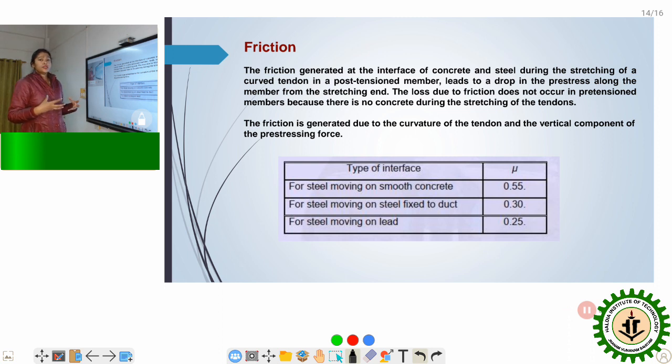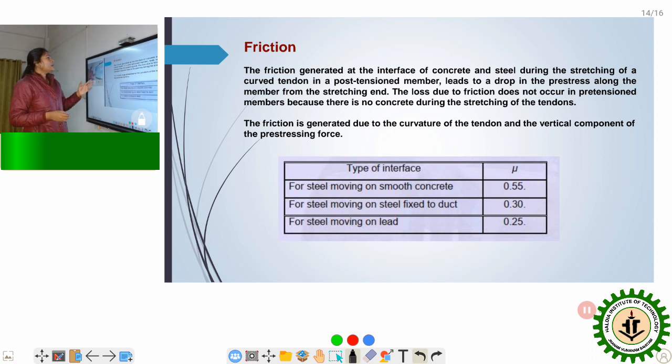The concrete section and the steel at their interface go through frictional forces, for which there is a loss in the pre-stress of the tendons. So the tendons undergo a loss in strain, which basically gives rise to the loss in pre-stress.